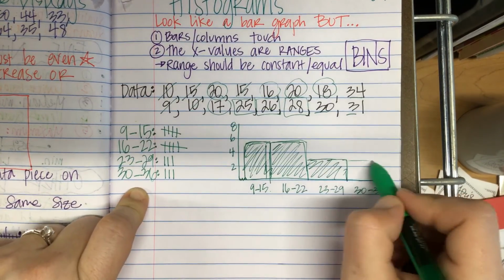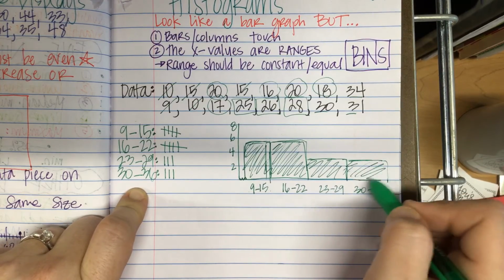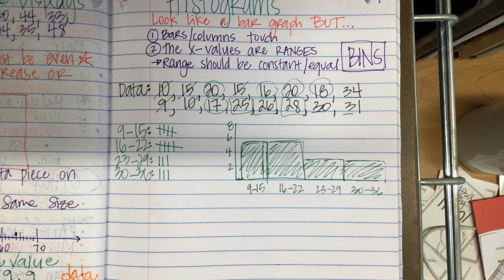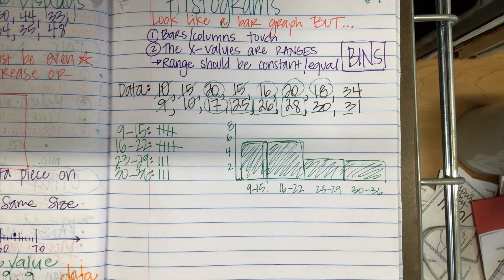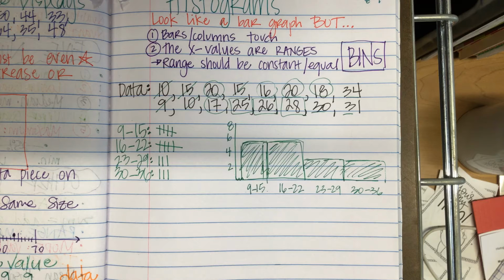The next is 3. Histogram: it's like a bar graph, except the bars touch, and the X value, instead of it being one single item per bar, it's a range. It's a grouping.